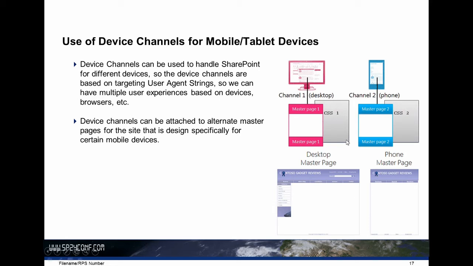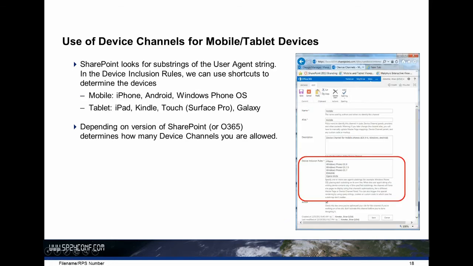And here's a snippet from a Microsoft site, basically showing how it would work. So we'd have one device channel for a desktop version, maybe another master page and CSS associated with a phone master page.